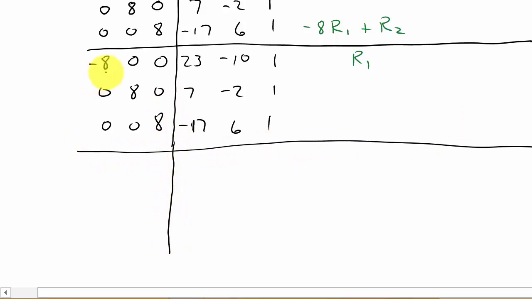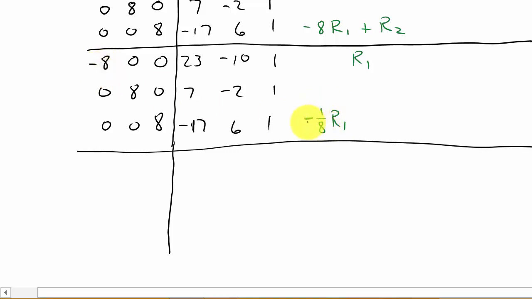Now remember I said these have to be 1s. Well, let's get this to go to 1. How can I do that? Well, I can do negative 1/8 times row 1. And what does that do? Well, that gets this to go to 1.